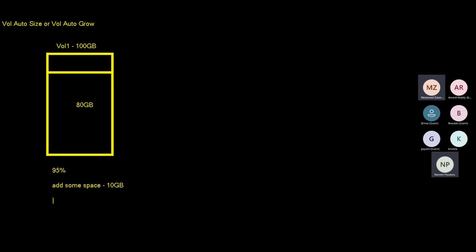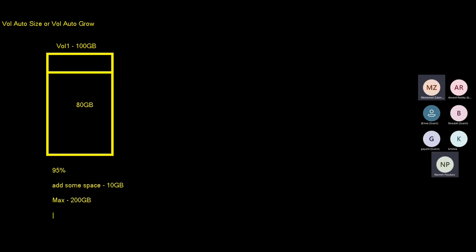So to avoid that, we can set a limit, maximum increase up to 200 GB. So when my volume size reaches 200 GB and again reaches 95% utilization, which is 190 GB, it will not grow anymore. That is the maximum limit I have configured during the volume auto size.